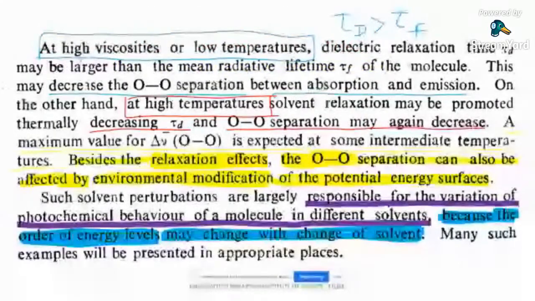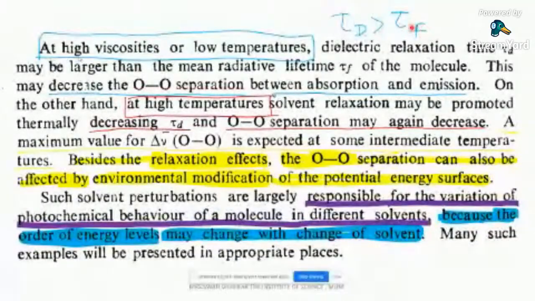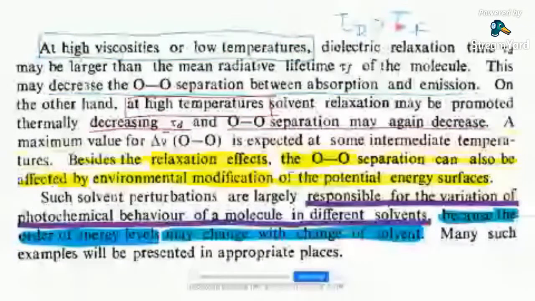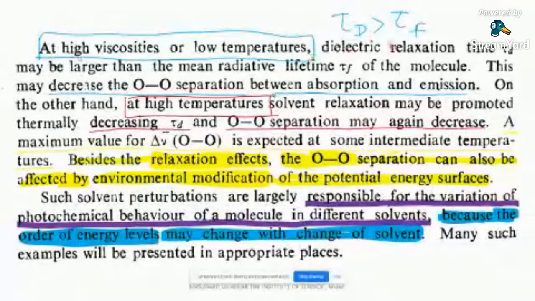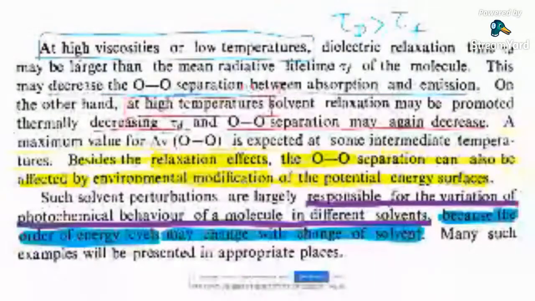So we have seen the case where TF is less than TD. Now at high viscosities and low temperatures, TD is greater than TF. In this case, there will be a decrease in the 0 to 0 separation between the absorption and emission spectrum.